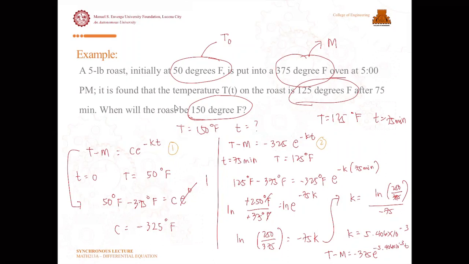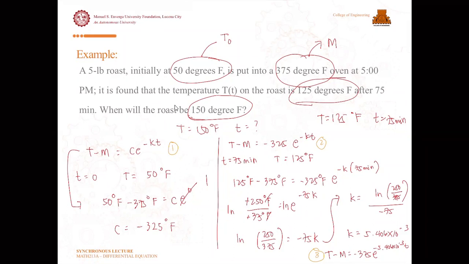So, yung bagong equation na to, this will now be your equation na pwede mong i-apply sa any condition. So, ibig sabihin, if given ka ng time, malalaman mo na agad yung temperature niya. Kapag given ka ng temperature, malalaman mo agad kung kailan niya ma-reach yung temperature na yun. So, ito yung pinaka-useful na equation, no?